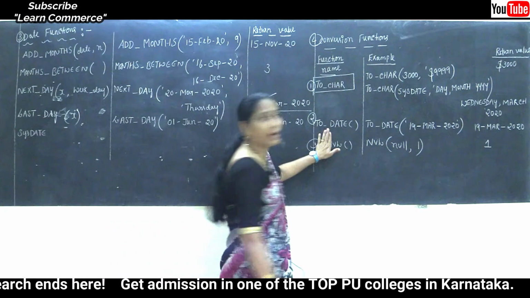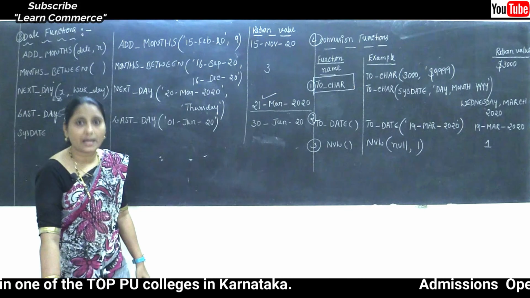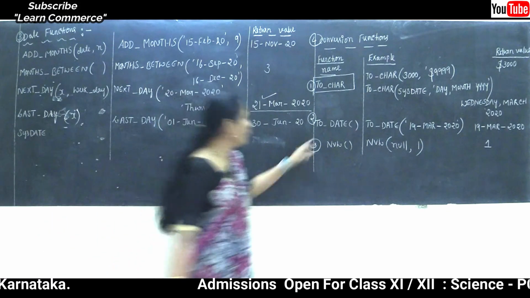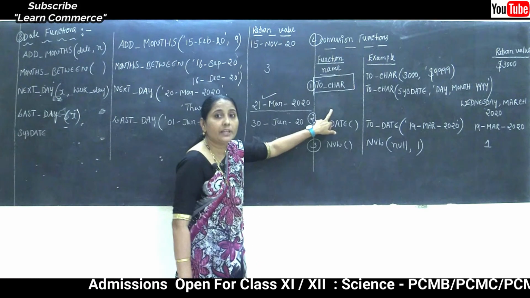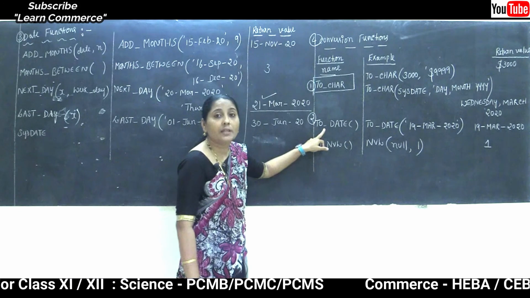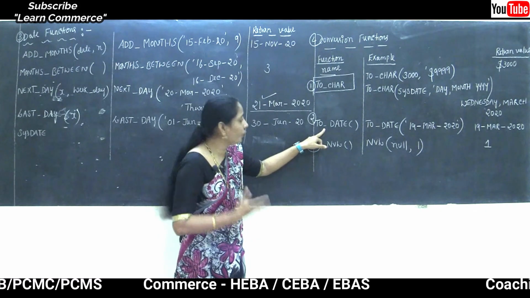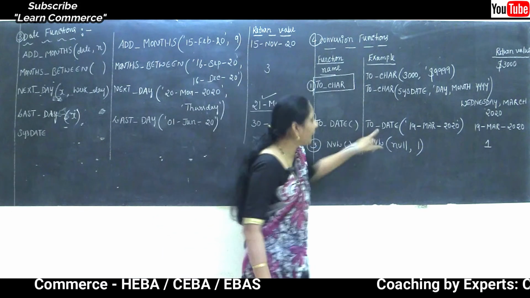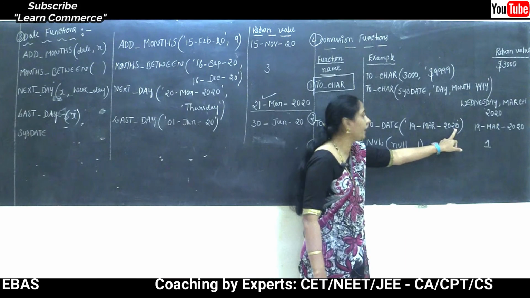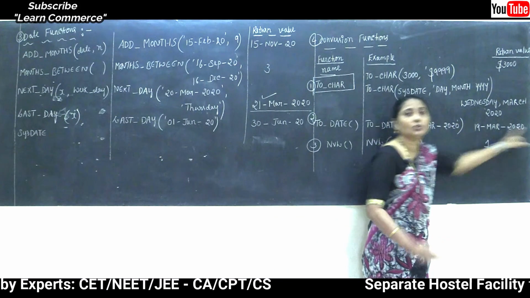Okay, and next is our second function, TO_DATE, open close. So what are we going to convert? Here the conversion occurs from the numeric character to the date value. Clear this point here? The numeric character to the date value is what it is going to convert. So the date I am going to select is 19 March 2020, and it is going to display the return value as 19 March 2020.